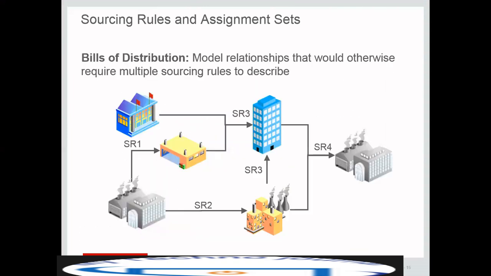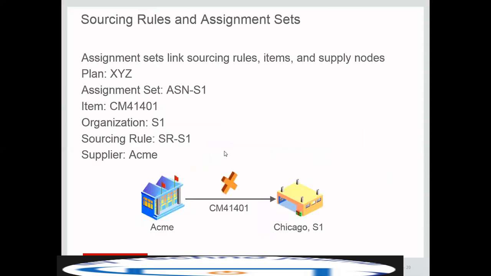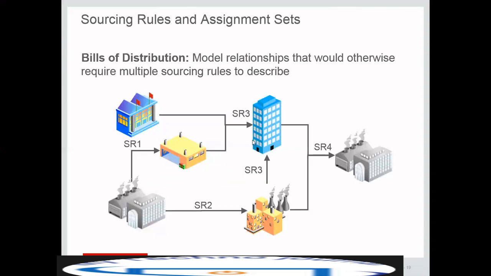Let me go to this particular screen. When material is flowing to different organizations, meaning 3 or more organizations, you can define local sourcing rules at each level. So instead of defining multiple sourcing rules, sourcing rule 1, sourcing rule 2, sourcing rule 3, 4, you can create all the particular replenishment sources within a single bill of distribution.